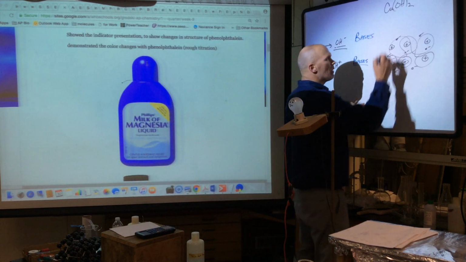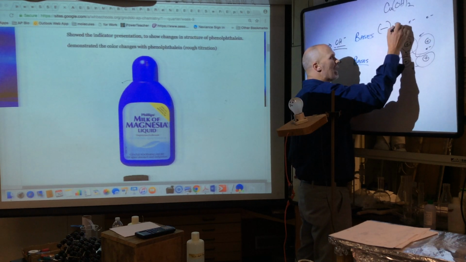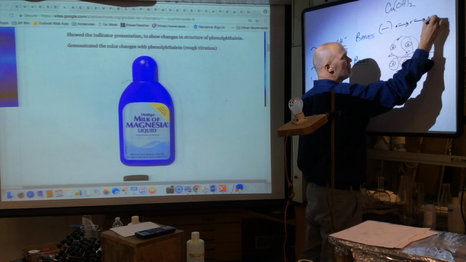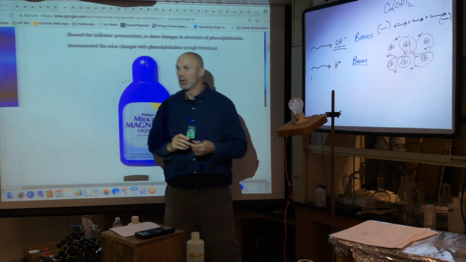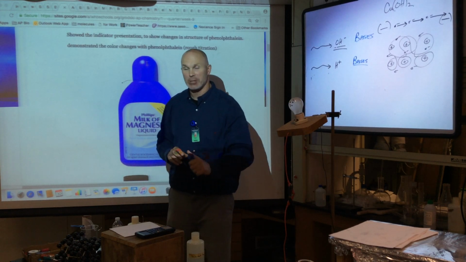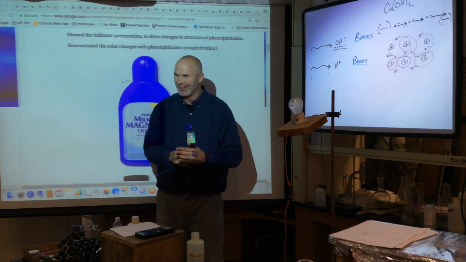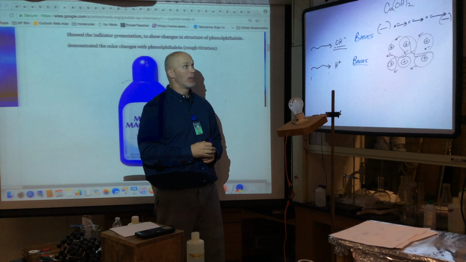Now, if I've got a negative, a negative, and a negative, if I put a big negative here, that's going to repel that one, isn't it? That's going to repel this one and move this one to the other side. And that negative, of course, gets to the other side. It's not perfect. It's not a superconductor. There's going to be some little bit of loss of charge because you're moving a little bit of mass, right? And some things are better conductors than others. But that's how it works.